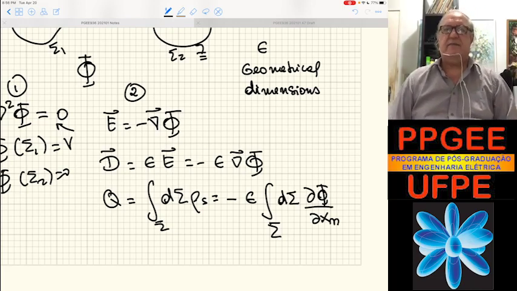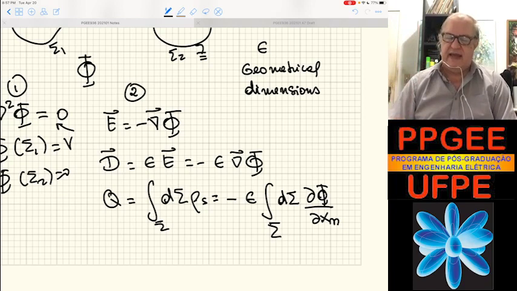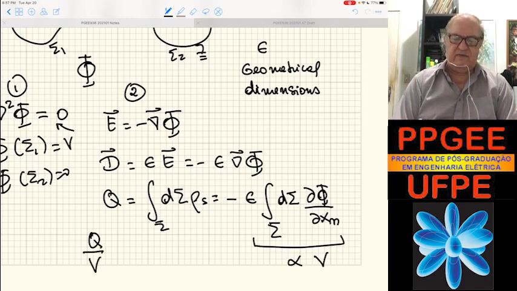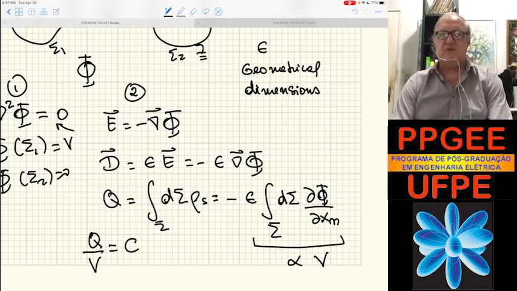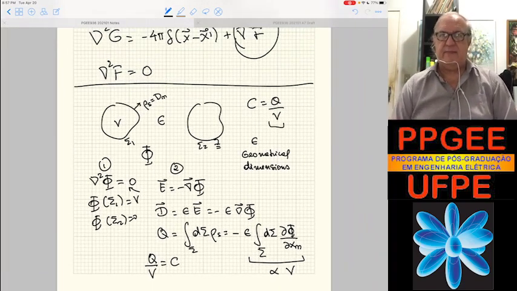So we have the charge. Formally, that's how you calculate capacitance. Once you have that, this is going to be proportional to V, and you determine Q over V, which is going to be the capacitance. That's the formal method of solving for the capacitance.